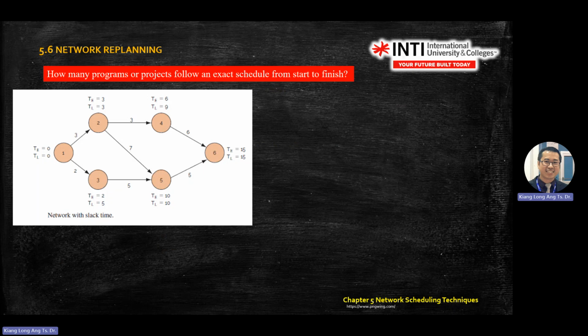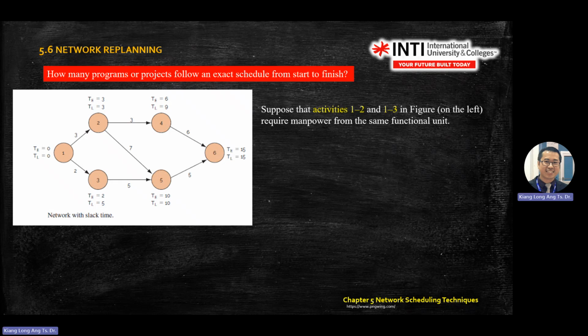Okay. So this one you read. Another one is called network replanning. So what can you do to make it better? This is because not many programs or projects follow the exact schedule from start to finish. So you do replanning. Here is a network with slack time.